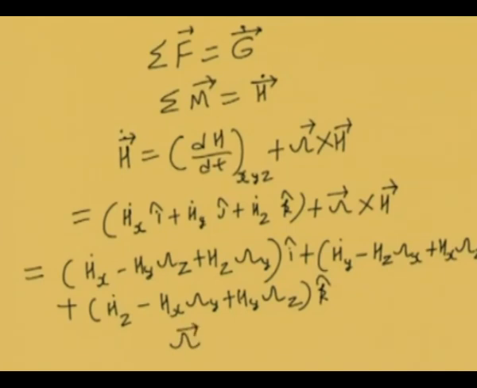Here omega x, omega y and omega z are the components of the angular velocity omega of the axis. Now if the axis system is attached to the rigid body itself, in that case omega is equal to small omega, that means the angular velocity of the body itself. In that case, we can write these equations, and this is equal to the moment. So sigma Mx comes out to be H dot x minus Hy omega z plus Hz omega y.